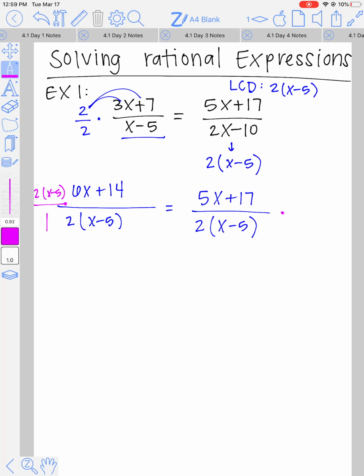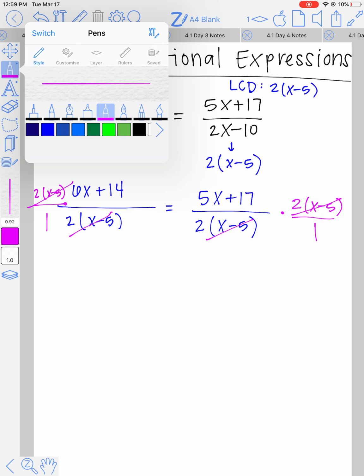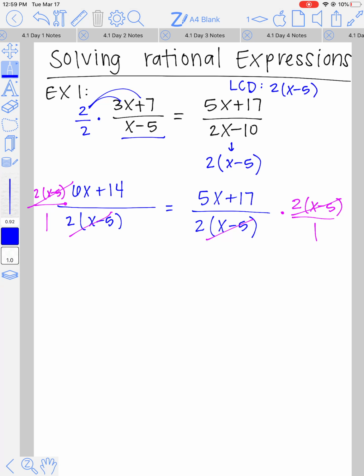And we're going to multiply the right side by 2 times x minus 5 over 1 as well. So what that will do for me is it will cancel out the denominator on both sides of my equal sign. If I multiply by the denominator, it's going to cancel it out. So on the left side, all I'm left with is the numerator, 6x plus 14. And on the right side, same thing. All I'm left with is the numerator, 5x plus 17.